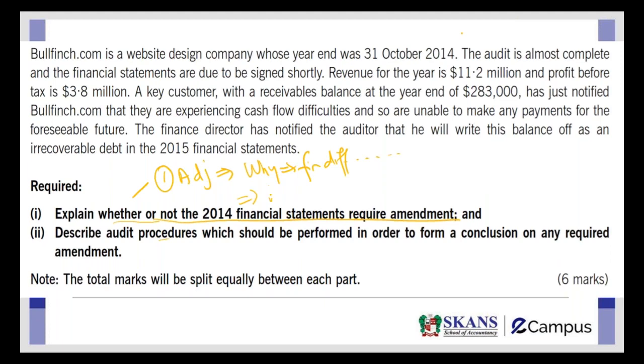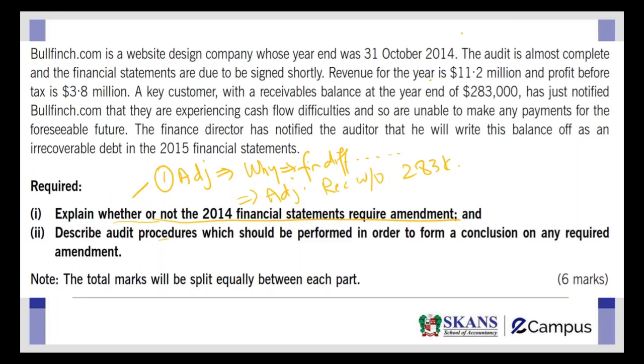Then you'll have to explain the adjustment. So even if she doesn't ask, you'll have to write that the receivable will need to be written off, and therefore your receivables will go down by 283,000.